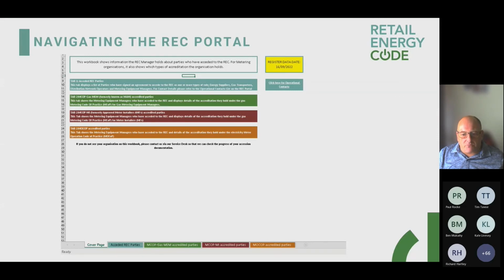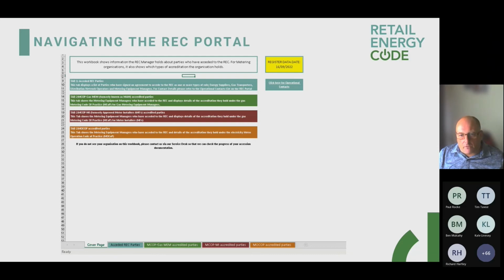As organisations and people move around, it is worth regularly checking that list to make sure you've got correct contact details, because somebody may be trying to contact your organisation for work and not be able to get hold of you, or there may be an issue and they need to get hold of somebody. So it is worth regularly checking the details in there and keeping them up to date.